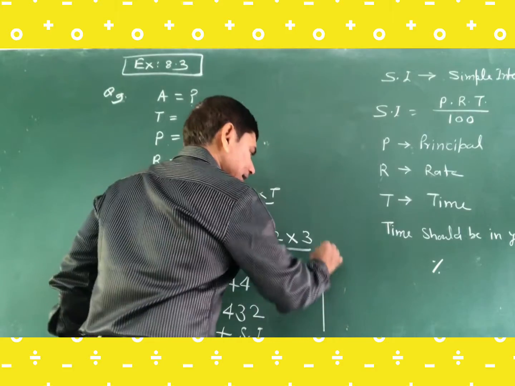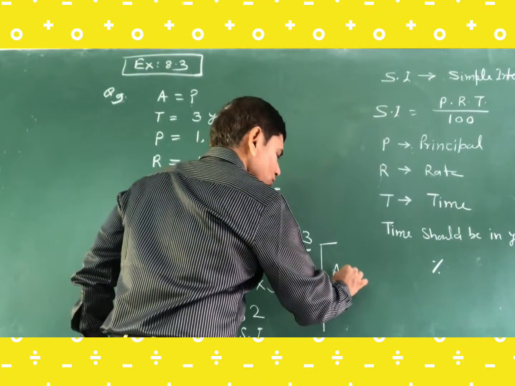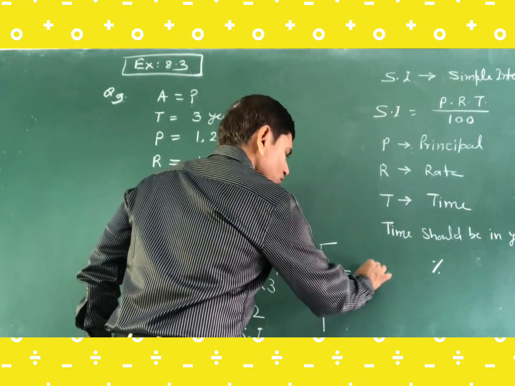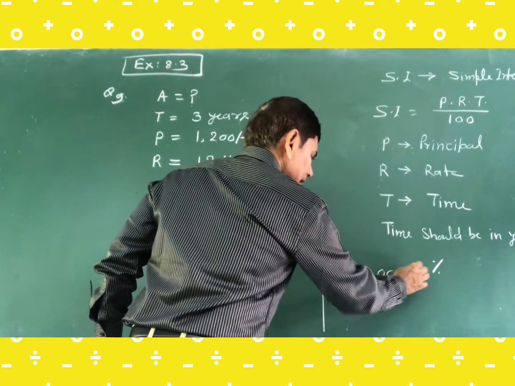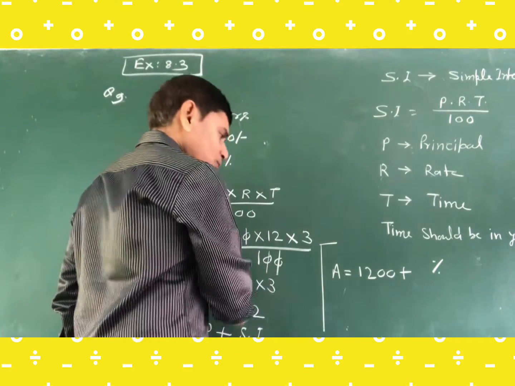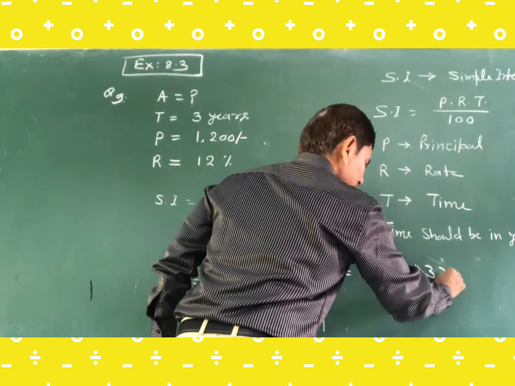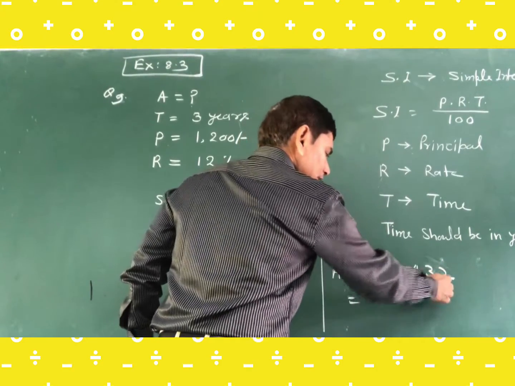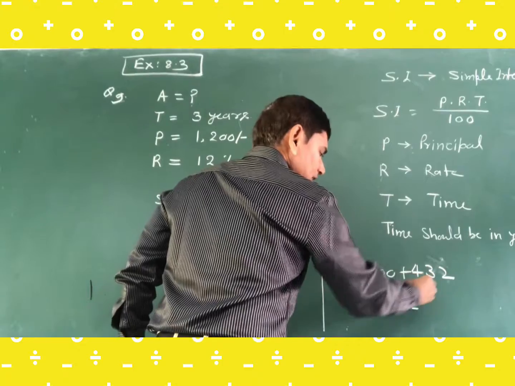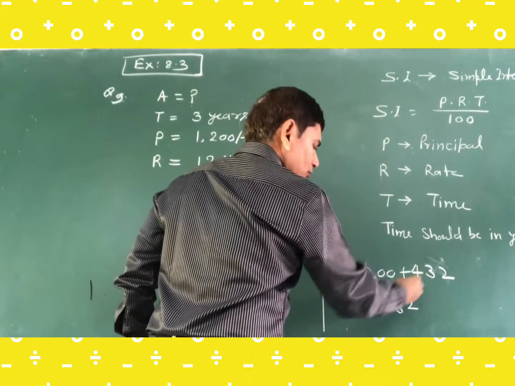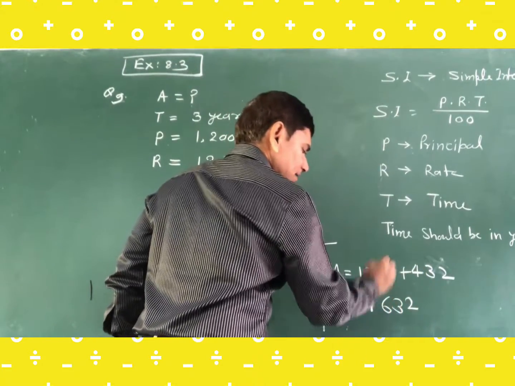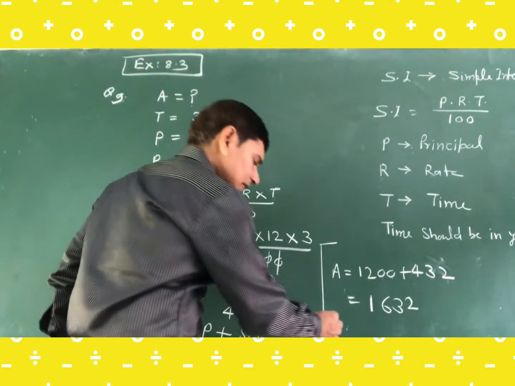Amount equals principal 1200 plus simple interest 432. Adding: 0 and 2 is 2, 0 and 3 is 3, 2 and 4 is 6, and 1 you simply write.